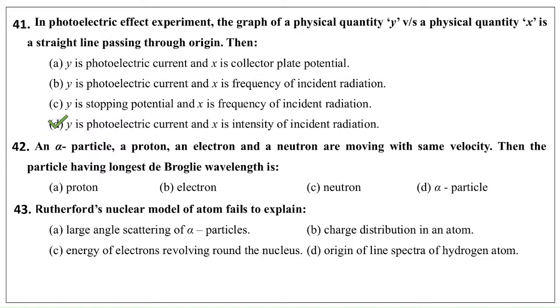Next. 42. An alpha particle, a proton, an electron and a neutron are moving with same velocity. Then the particle having longest de Broglie wavelength is. Answer is B. Electron. Next. 43. Rutherford's nuclear model of atom fails to explain. Answer is D. Origin of line spectra of hydrogen atom.